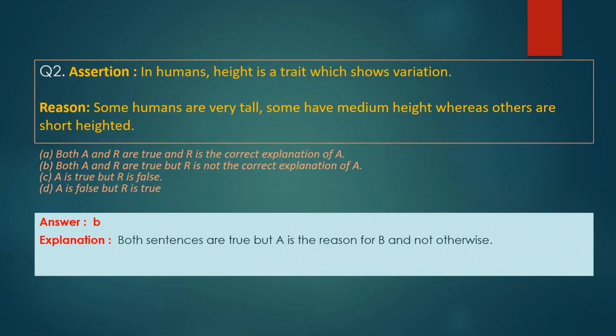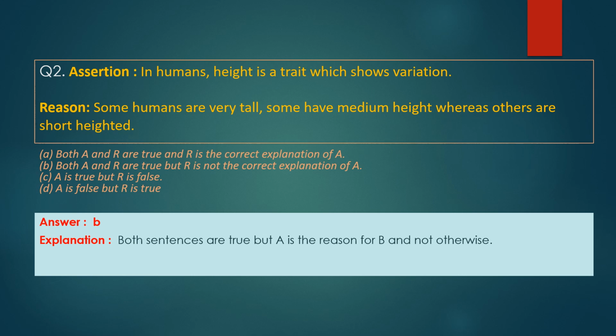Question 2. Assertion. In humans, height is a trait which shows variation. The reason: some humans are very tall, some have medium height, whereas others are short height. Both the statements are true. However, just because somebody is tall and somebody is medium and someone is short, is that the reason for showing variation?